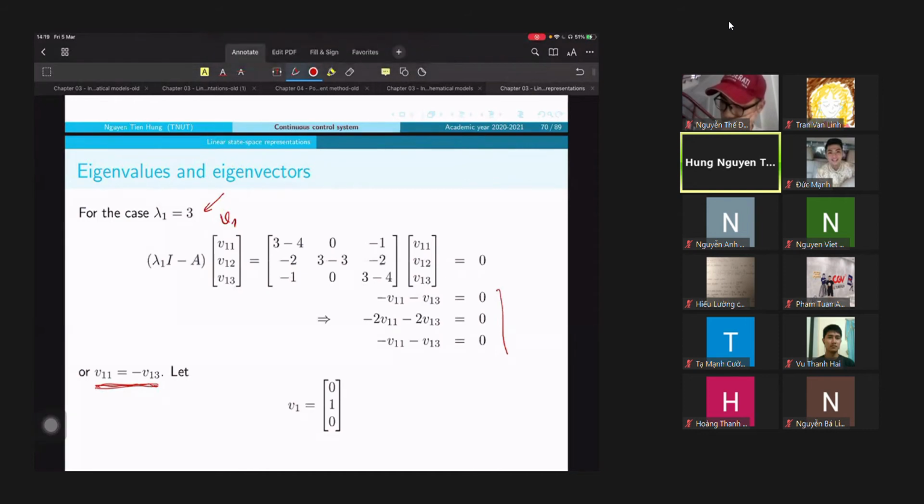We will see that this is v11 minus v13, and I can choose this as the basis, and you can find v1 like this. Of course, the requirement is that v1 is not 0, 0, 0. So at least we get this one.